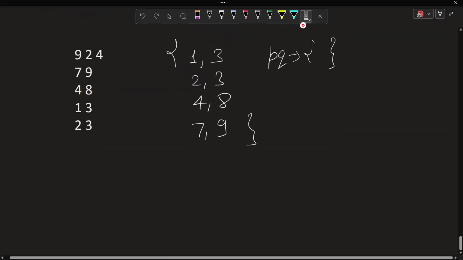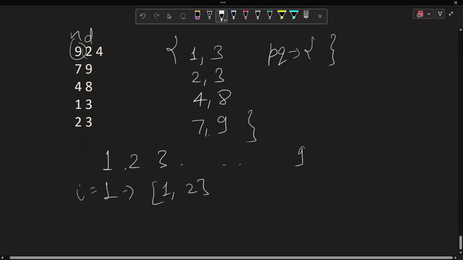Let's say my range is starting from 1, and I have n equal to 9, so I have my range till 9. For i equal to 1, the length of my range is 2. So when i equals 1, I would have my range from 1 to 2. This would be the range.